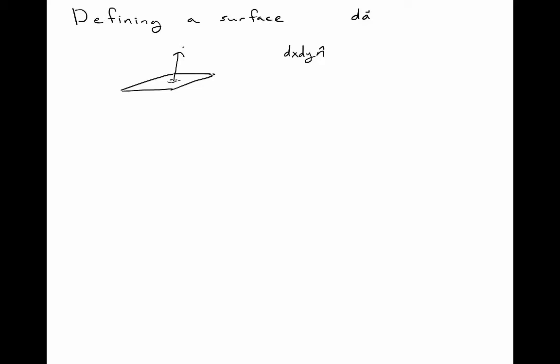Whatever direction n hat is, is perpendicular to the surface. So in this case, if this is dx dy, n hat is z hat. Now it could be in the positive z hat direction or in the negative z hat direction. When it's an open surface, either one is valid.